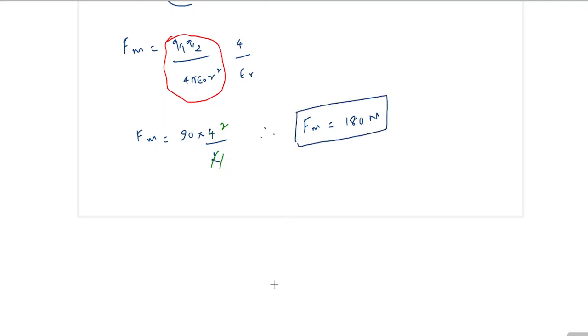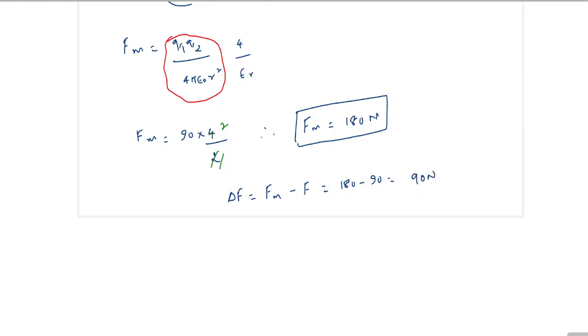Last part says find the change in force, that we call delta F. Delta F is the change in force which will be F in presence of a medium minus F in free space. It was 180 minus 90, which is 90 Newton. So this is the required answer.